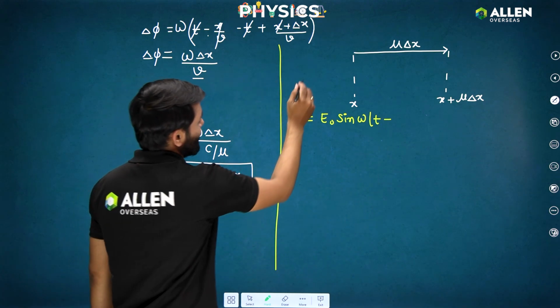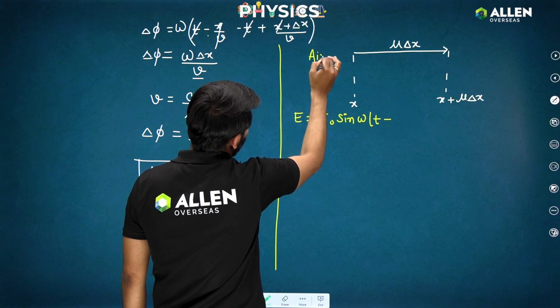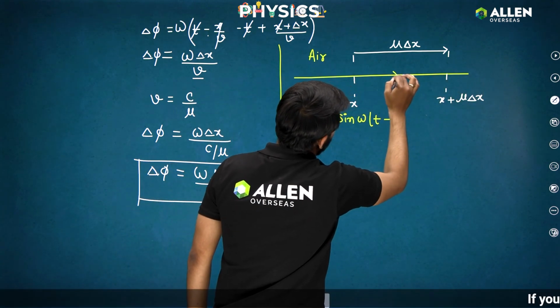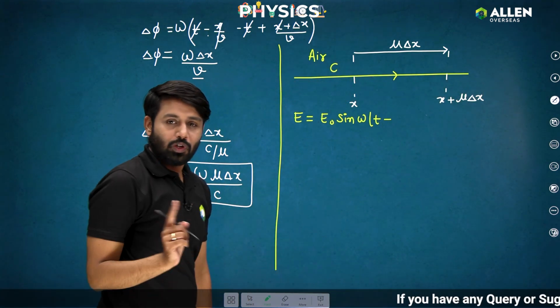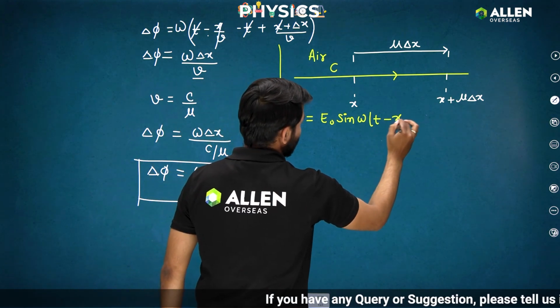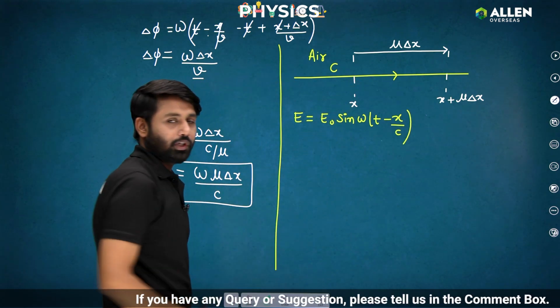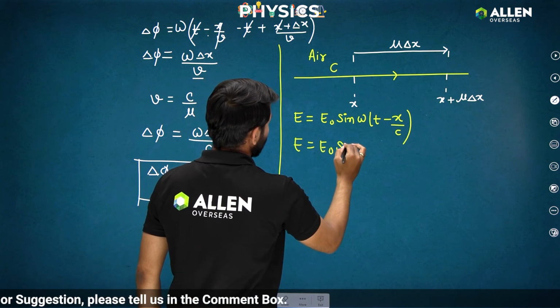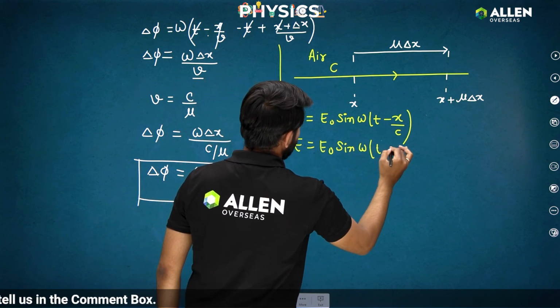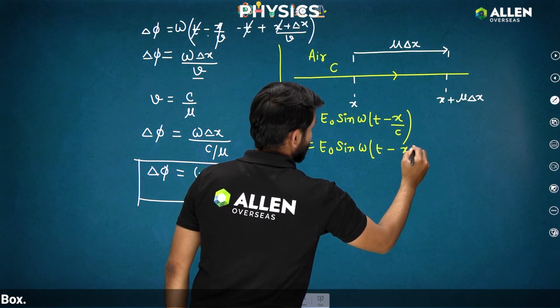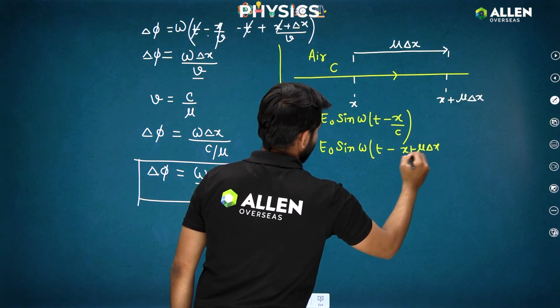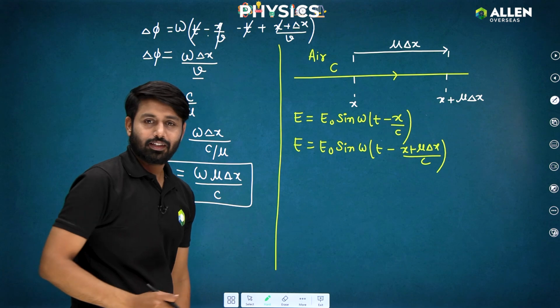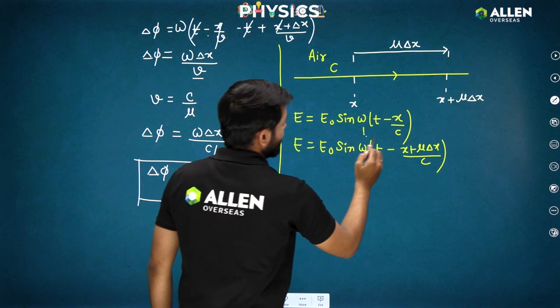No, this is air, or you can consider a vacuum, right? So here the speed of light is c, so you have to write x by c. Is that clear? This is at this point. And after that, E is equal to E naught sine omega t minus x plus mu delta x divided by c. Is that clear? This is again the phase.